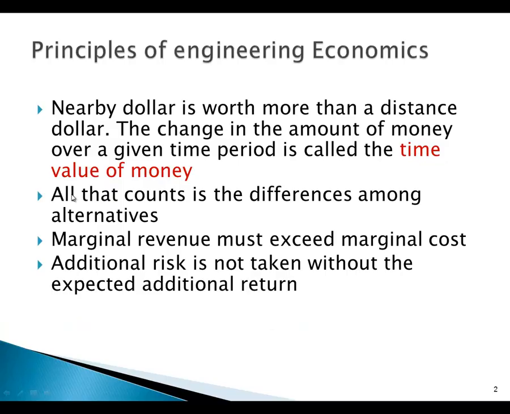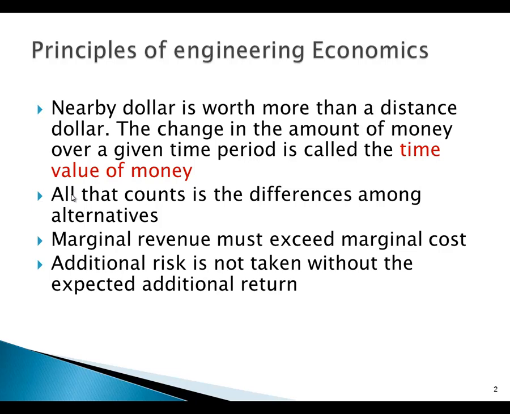In the first chapter, we went over the principles of engineering economics, where we stated that a nearby dollar is worth more than a distant dollar. The change in the amount of money over a given time period is called the time value of money. To make the proper decision, we have to study the differences between alternatives.